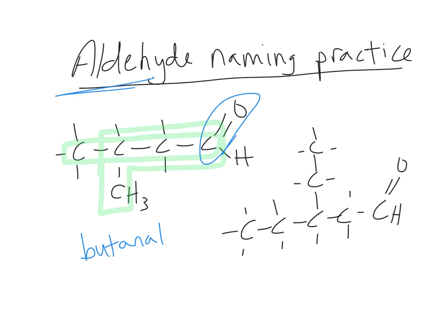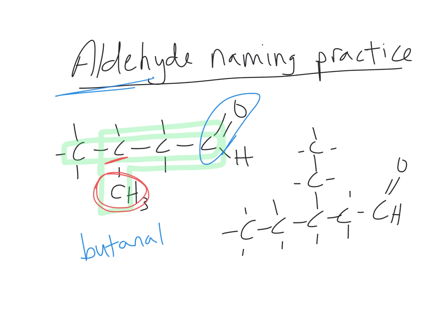A lot of that's visual recognition. Now, the numbering is important because we do have an alkyl substituent. We have a little methyl group stuck on there. The question is, is it stuck on carbon number 2, or carbon number 3? The answer is you number the carbons in the parent chain to give the functional group priority.